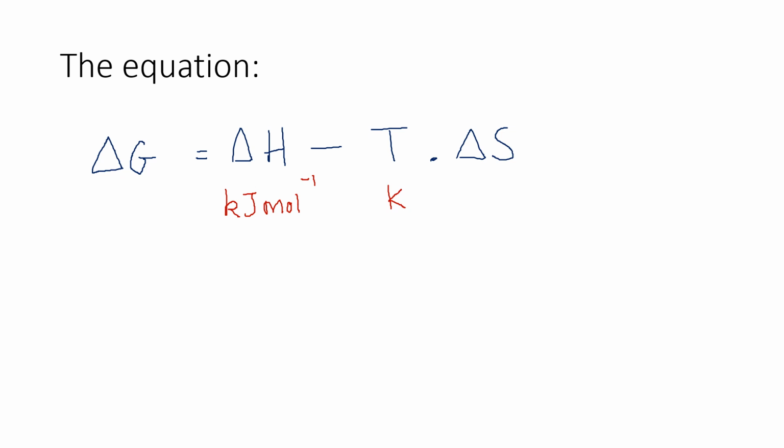And the change in entropy is usually measured in joules per mole per Kelvin. So what we have to do is divide by 1000 on the change in entropy to put it into kilojoules per mole per Kelvin.